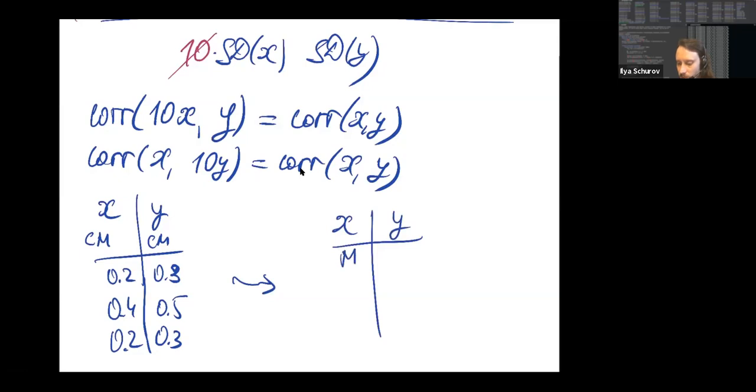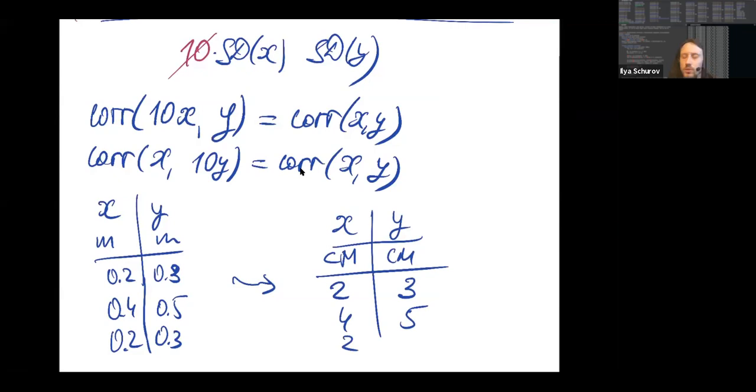And then we can change, for example, units of measure of x. Sorry, let me do it vice versa. X is measured in meters and y is measured in meters. And then we change units of measurement, and now we measure everything in centimeters. And then it means that we have just to multiply everything by, sorry, not by 10, but by 100.